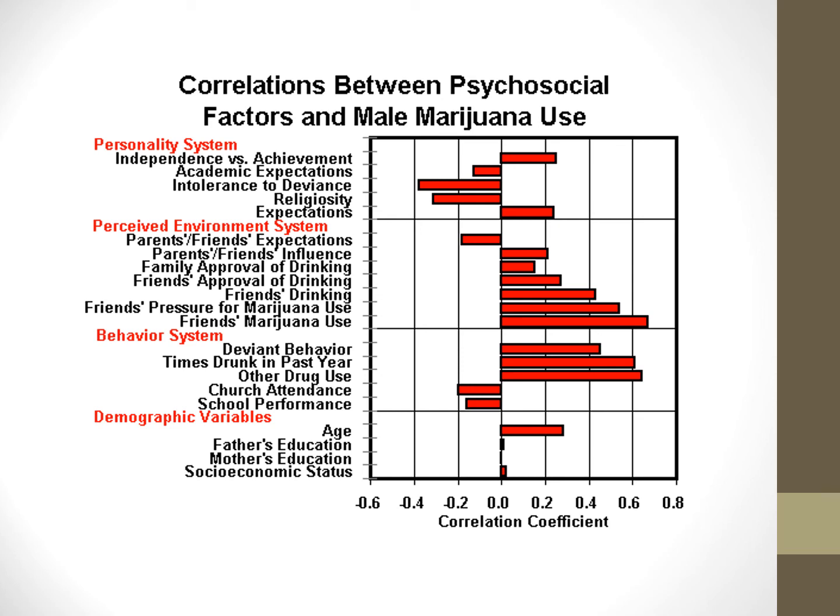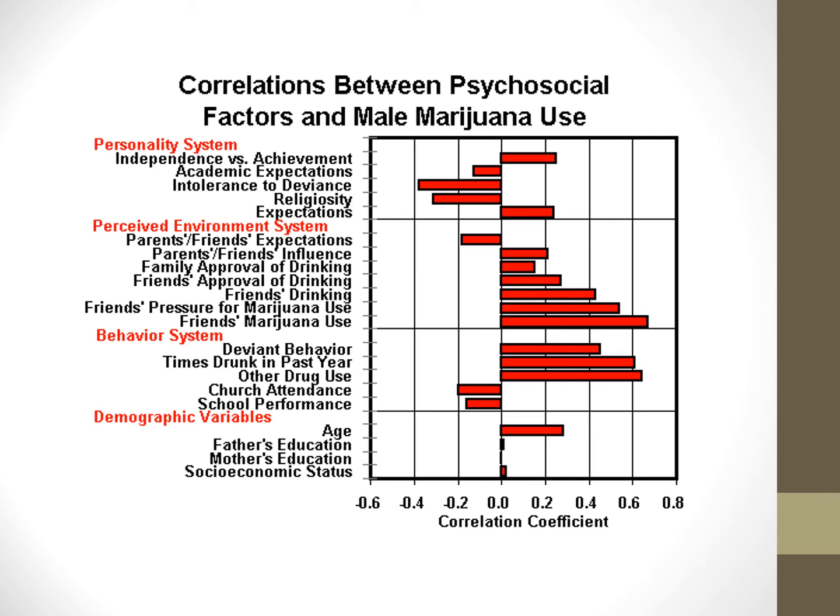You can see on the negative side, with negative 0.4, the closest is just shy of that, and the measure is, I think, intolerance to deviance. So even that, which would be significant, isn't socially significant.